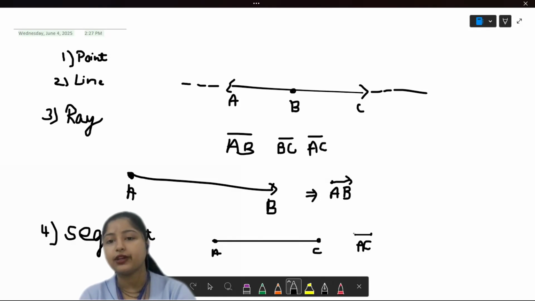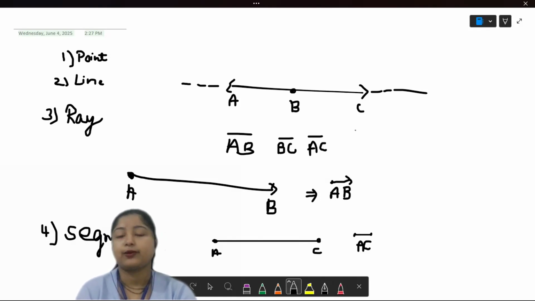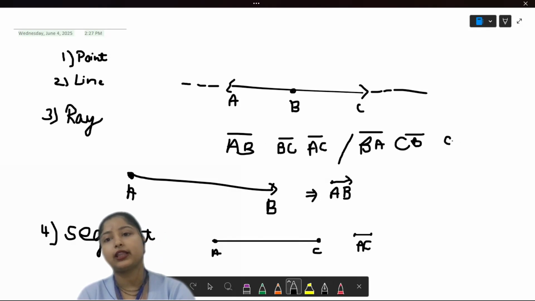Now, for every point, line, ray, and segment that we did, I told you how to write the mathematical representation. If you write AB as BA for the line, that's also the same thing. BC as CB, that's also the same. And if you write AC as CA, that's also correct.